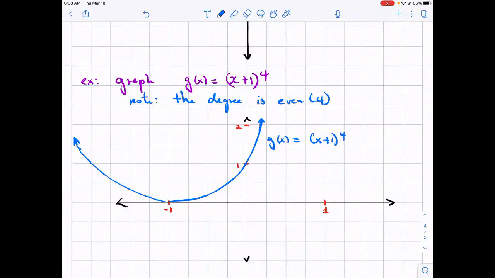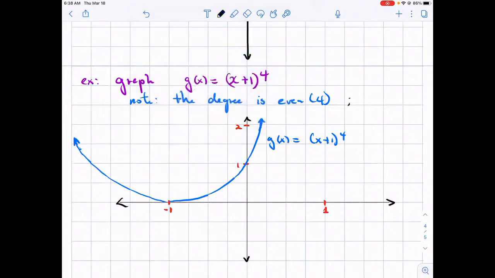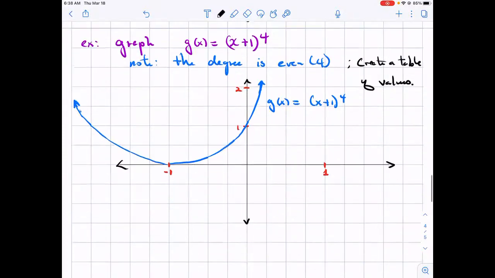So what you should do here is make sure you create a table of values. Now, what is very important for you is to see that the coefficient, which we call the leading coefficient, has a very important role in these graphs.